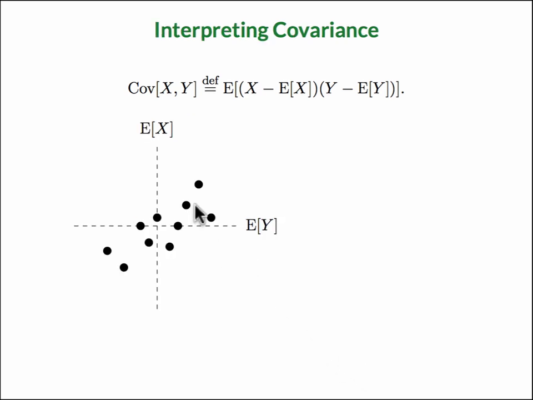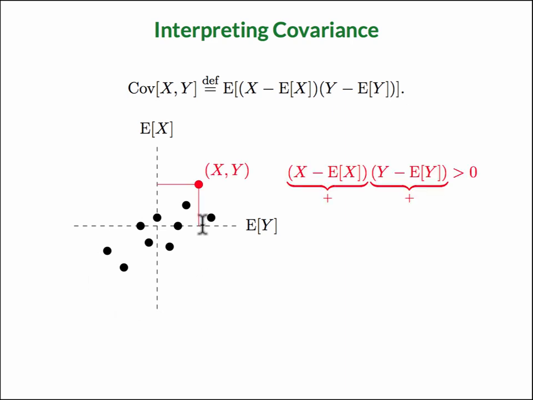Now that we've written down the definition of covariance, let's think about how we interpret the number that we get. Let's suppose that X and Y can only take on one of 10 possible values, represented by these points here. Let's zoom in on a particular outcome like the one highlighted in red here.